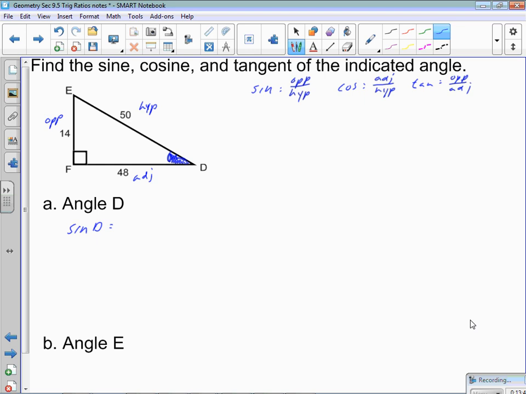Opposite over hypotenuse. 14 over 50, which you could reduce the fraction to 7/25, which would be 0.28 if we write it as a decimal.